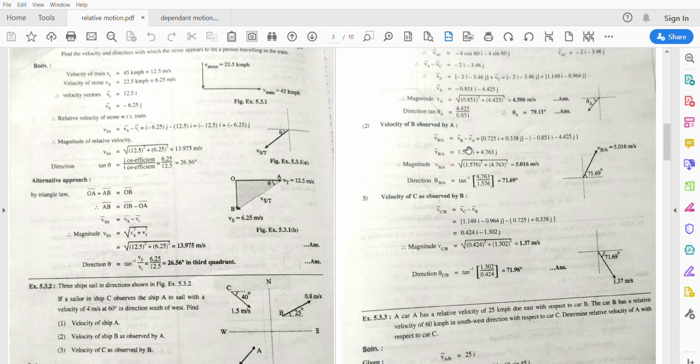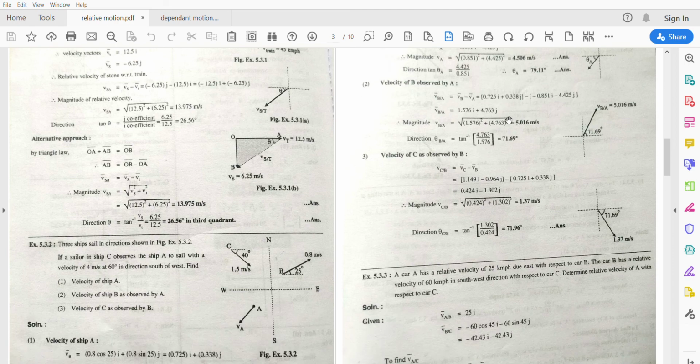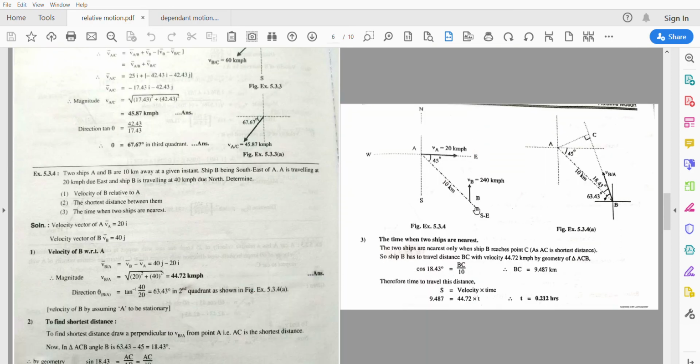Similarly, the velocity of B observed by A is determined. See, ship A is actually moving with a velocity of 4.506, but the person sitting in B would feel as if it is moving in that direction with a velocity of 5.01. So this is the apparent velocity, and that's how all the numericals are solved.